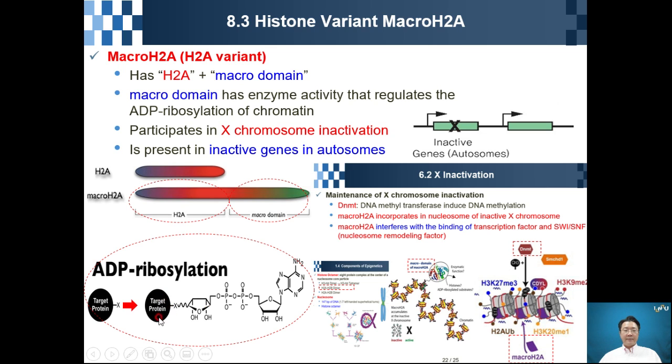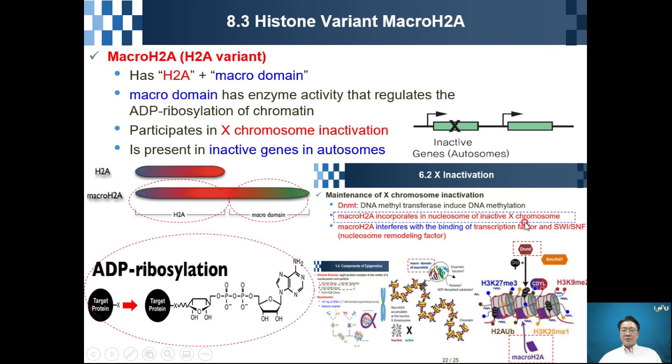So at target protein, macro domain can do the ADP ribosylation. Okay, and also macro H2A participates in X chromosome inactivation. In the previous lecture, we learned that macro H2A incorporates in the nucleosome of inactive X chromosome.